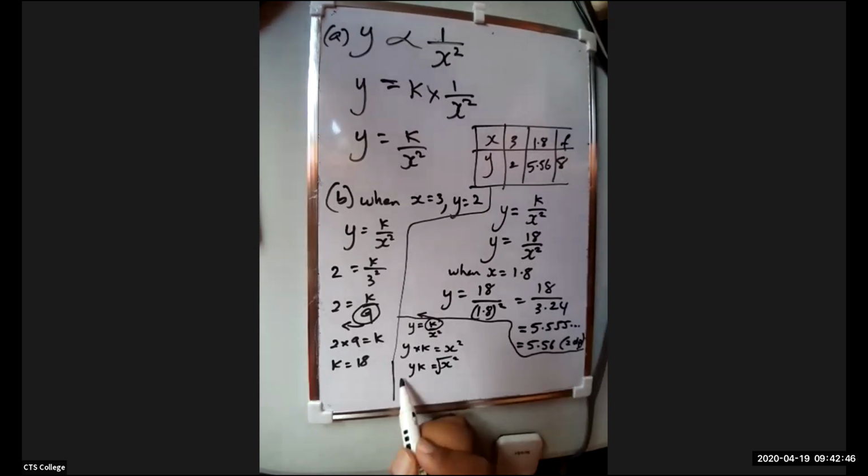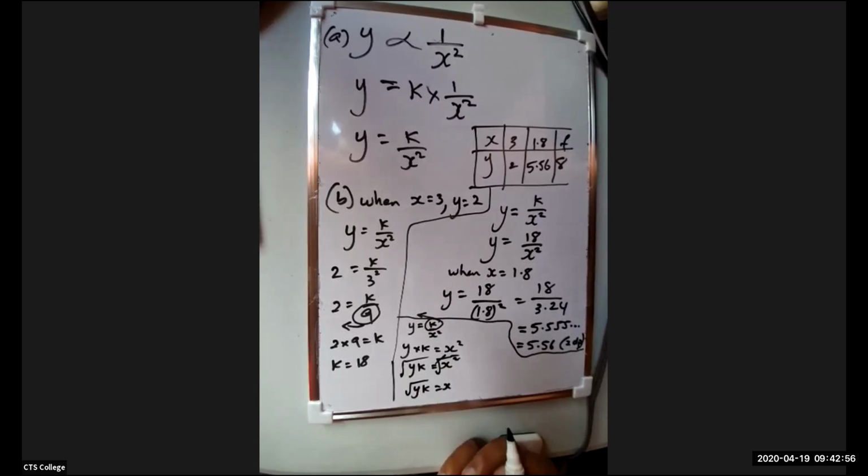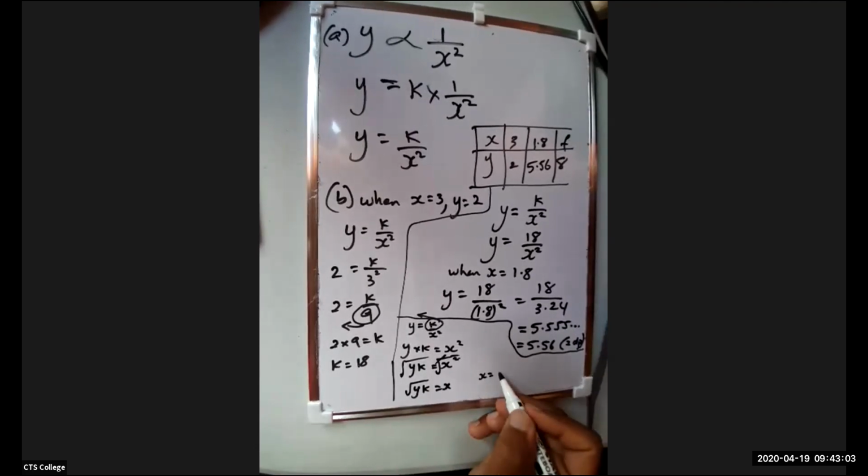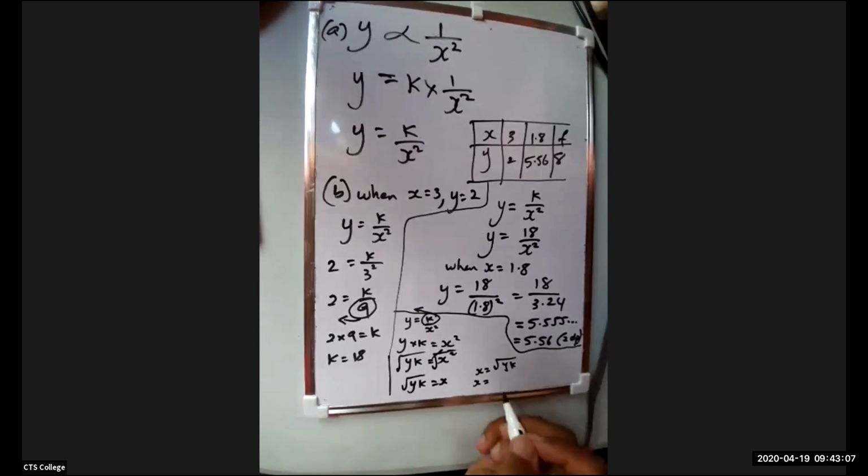So we find the square root of both sides, and the square root cancels the square. So x is equal to the square root of k over y. All right? Let me just make sure that's correct. So x is equal to the square root of k over y, where y is, in this case, 8, and k, which we worked out to be 18.